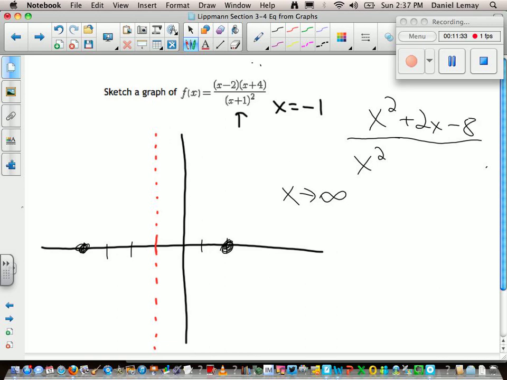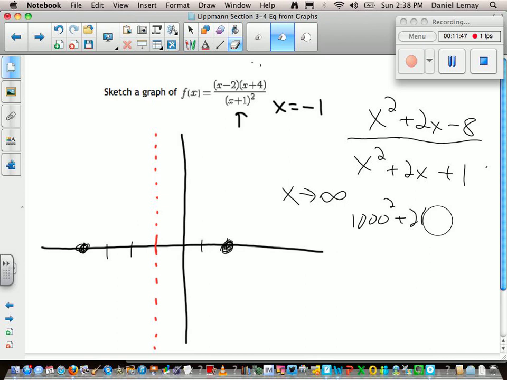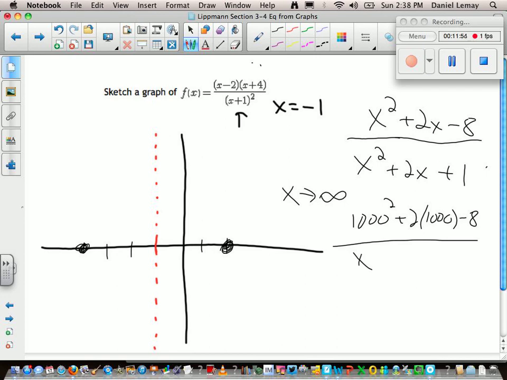If I go out to a really large number, 1,000: 1,000 squared plus 2 times 1,000 minus 8 over 1,000 squared plus 2 times 1,000 again plus 1.